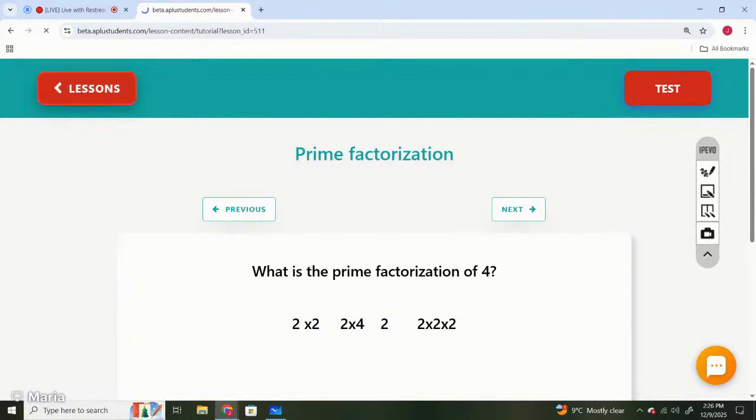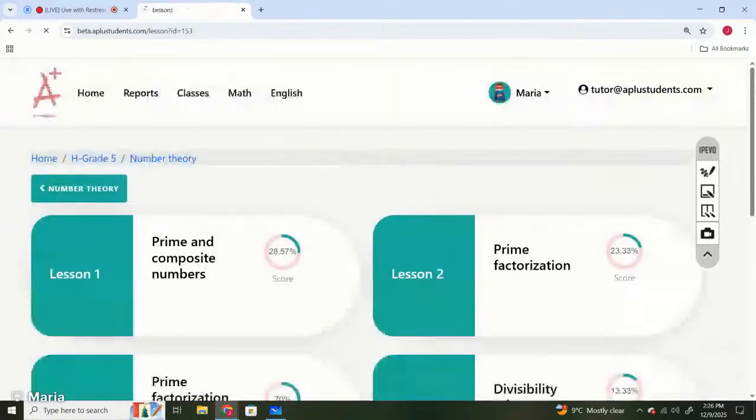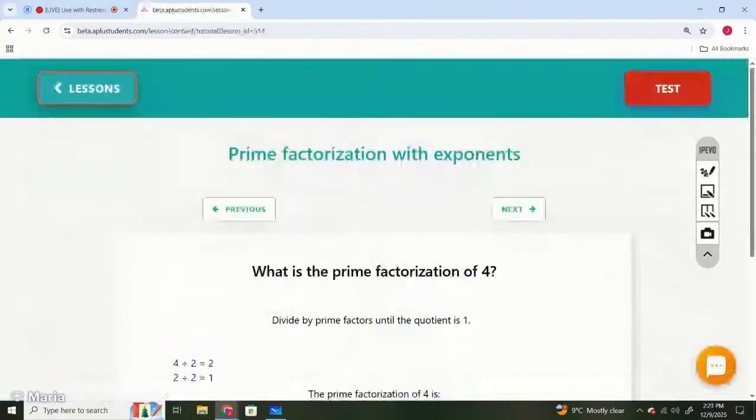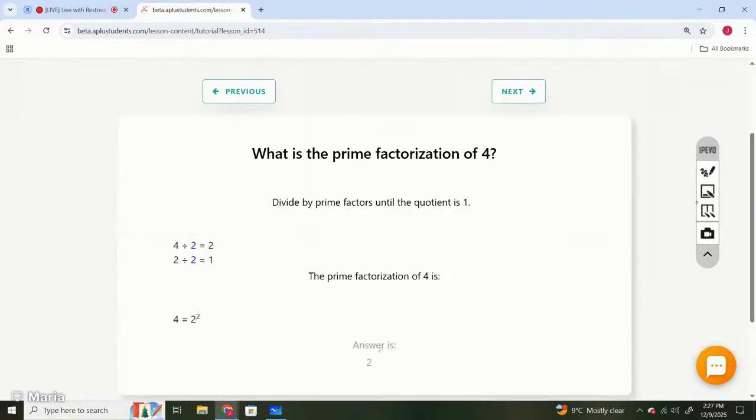The next lesson is prime exponents. What is the prime factorization of 4?